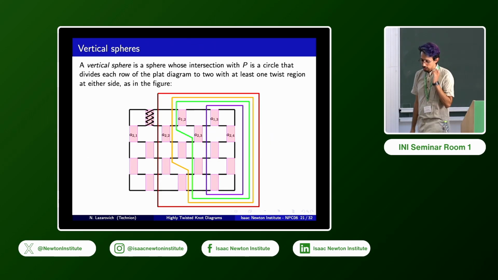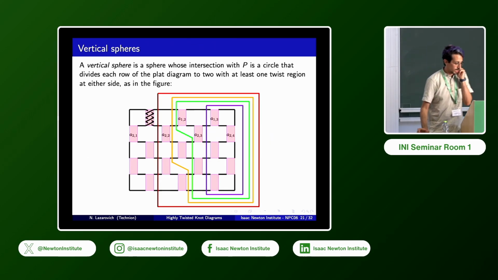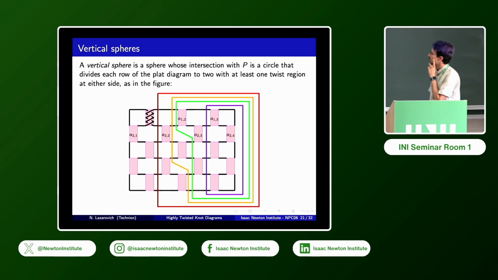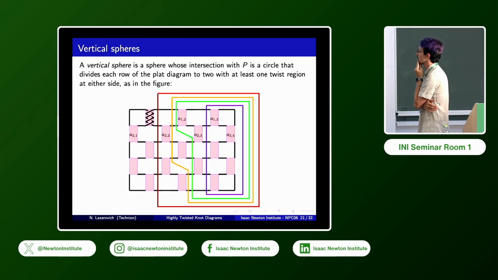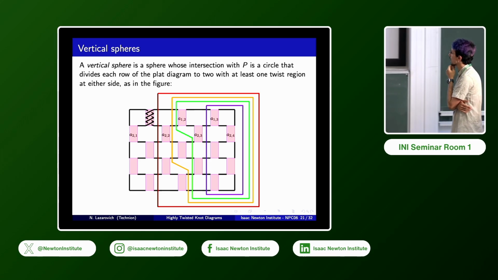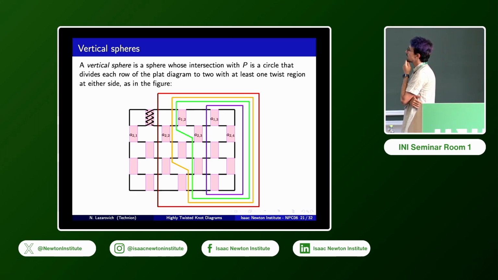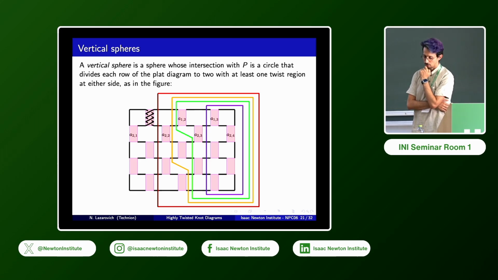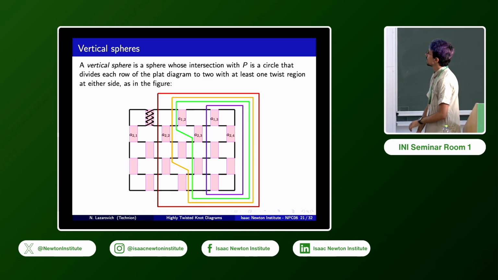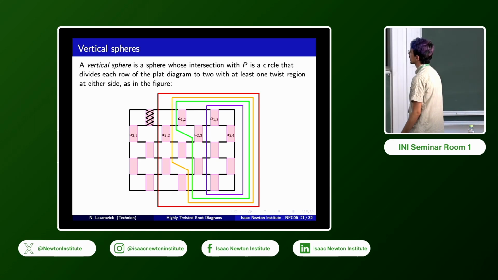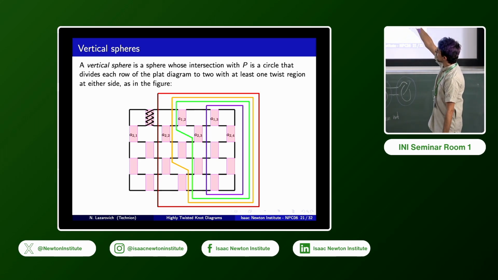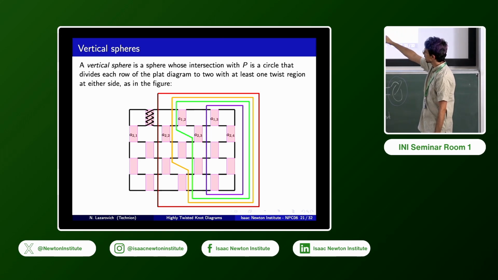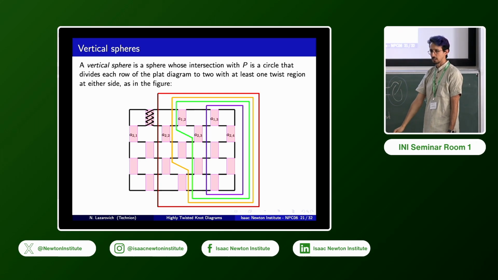So the idea is to use what's called vertical spheres. This is something that was defined by Finkelstein and Moriah, and then extended by work of Wu. So what is a vertical sphere? First you start with a curve that goes from the top of the diagram all the way down to the bottom of the diagram, monotonically.